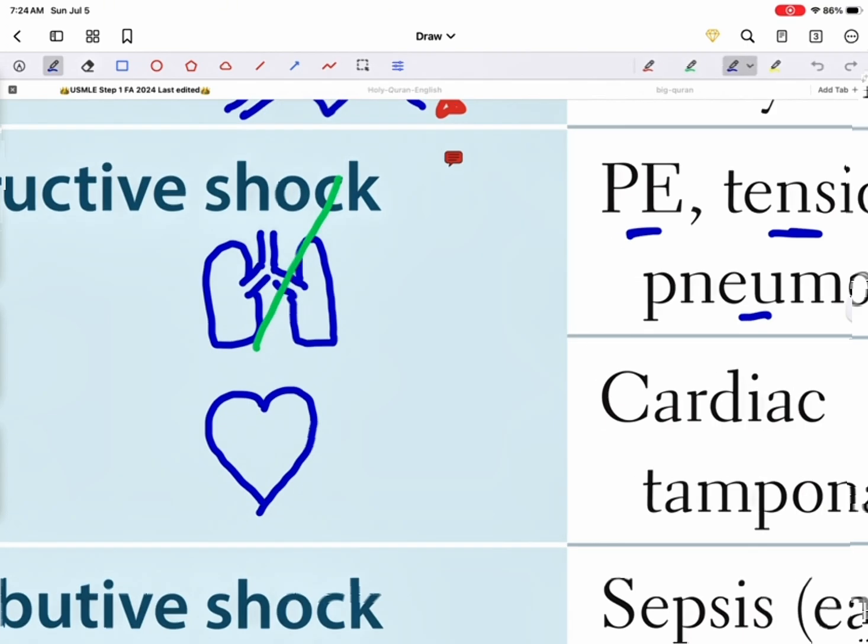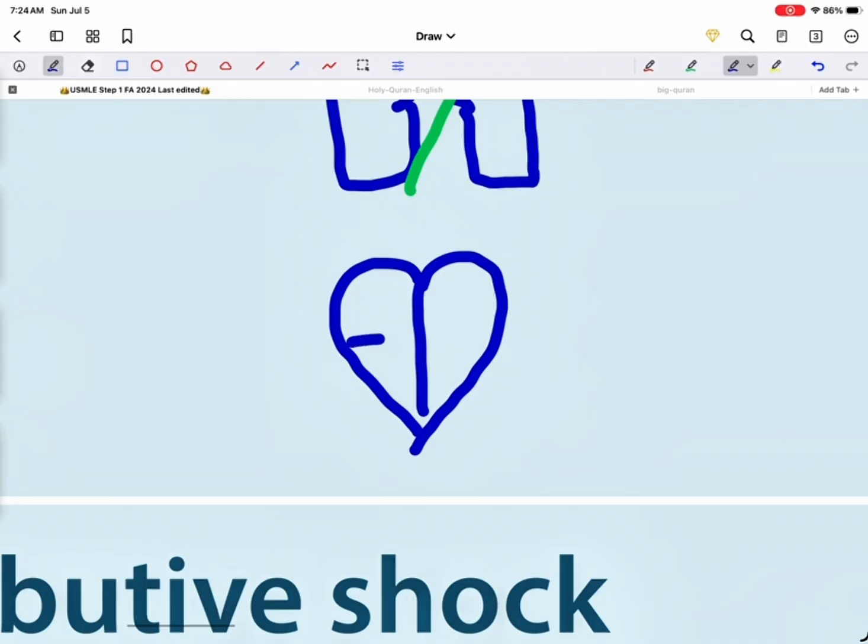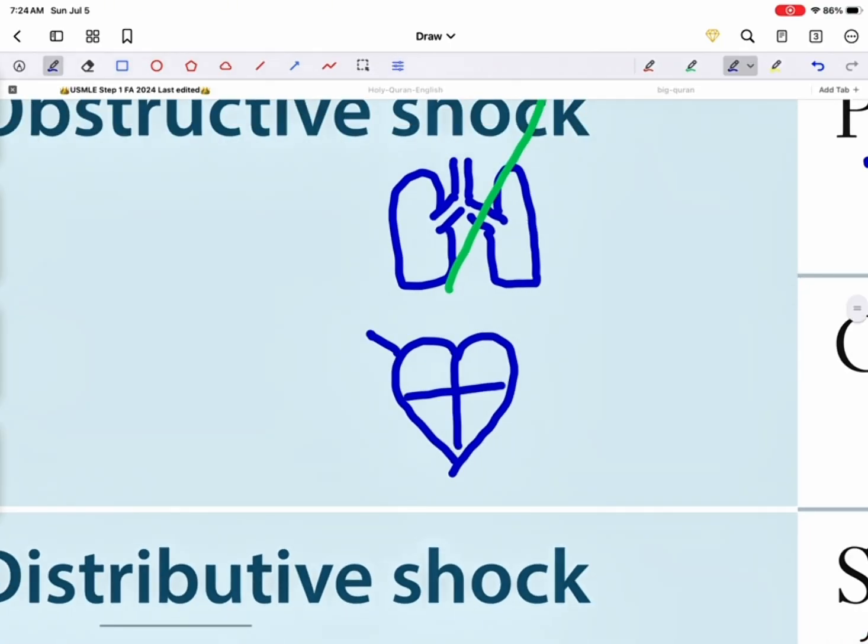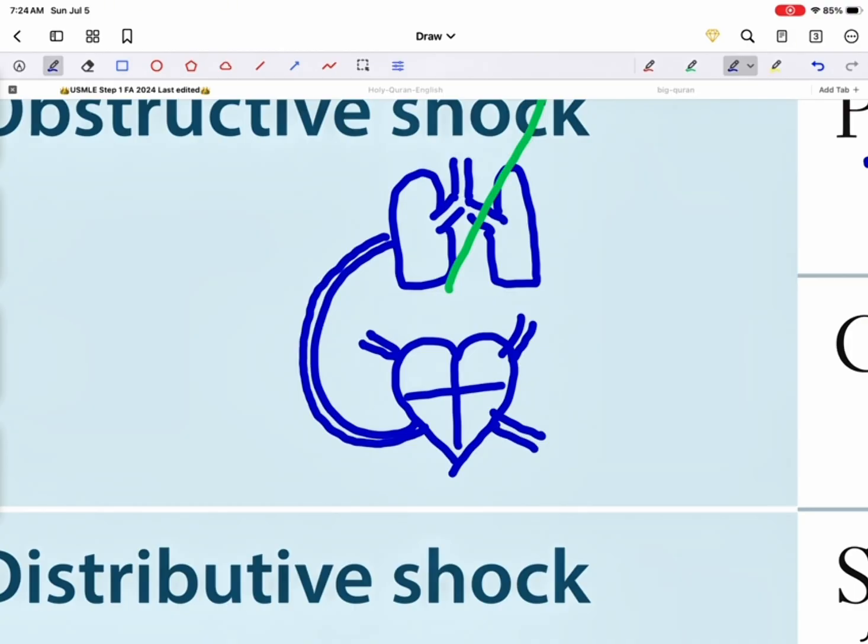Why is it different? Because the heart gets blood from the body, delivers it to the lung, and then from the lung back to the heart, to the body again. Okay, so if the obstruction was at the lung level, it will be congested on the right heart, while the left heart is not.